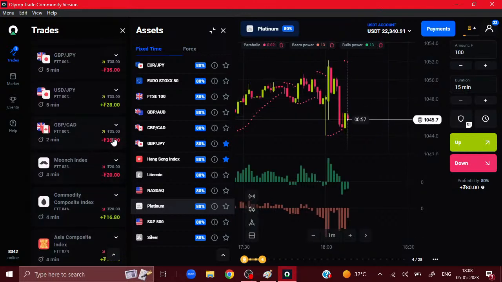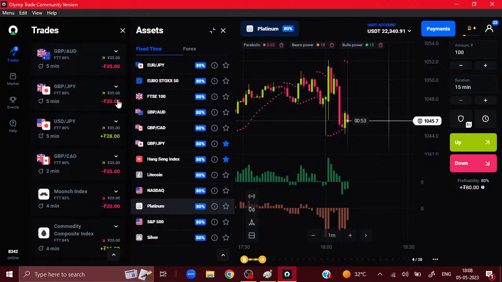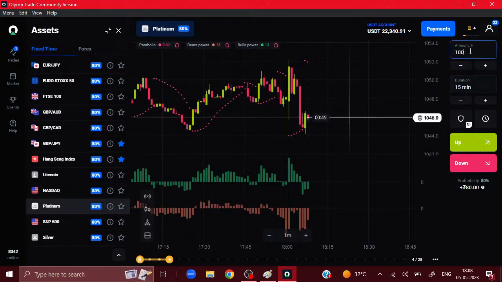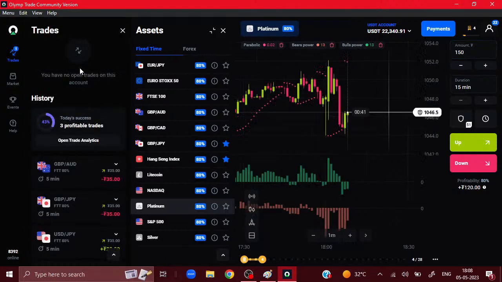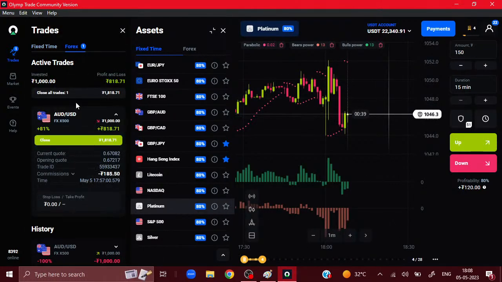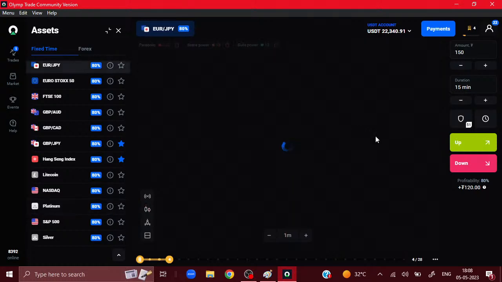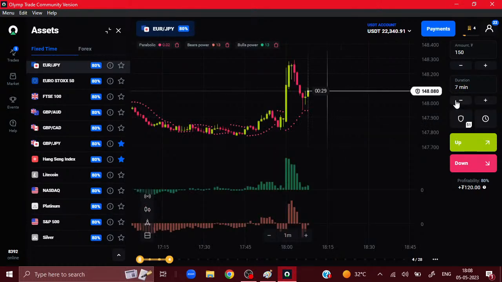So it is 20 plus 35, 55 plus 70, 125. So $125 is the amount which we have to recover. So I am entering into a trade for $150 here.